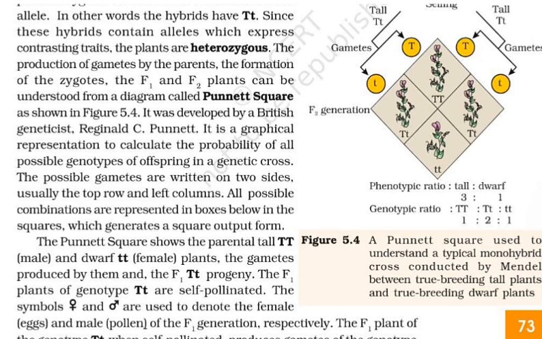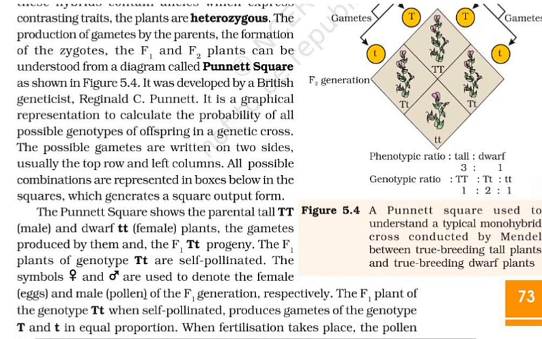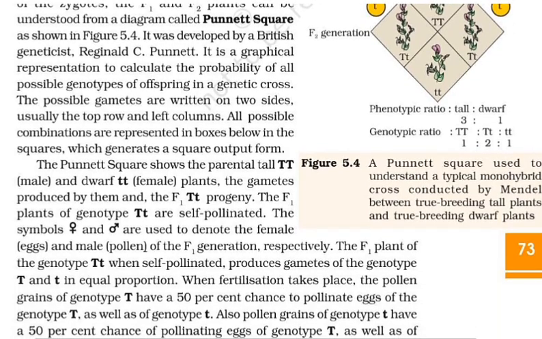From the Punnett square, it is easily seen that 1/4 of the random fertilization leads to capital TT, 1/2 lead to capital T small t, and 1/4 to small tt. The F1 have a genotype of capital T small t, but the phenotypic character seen is tall.